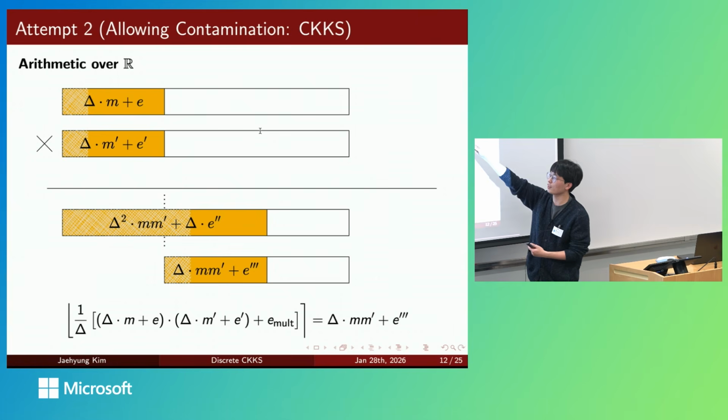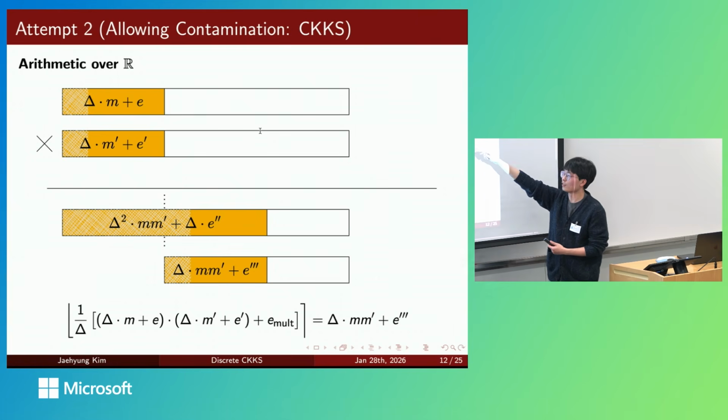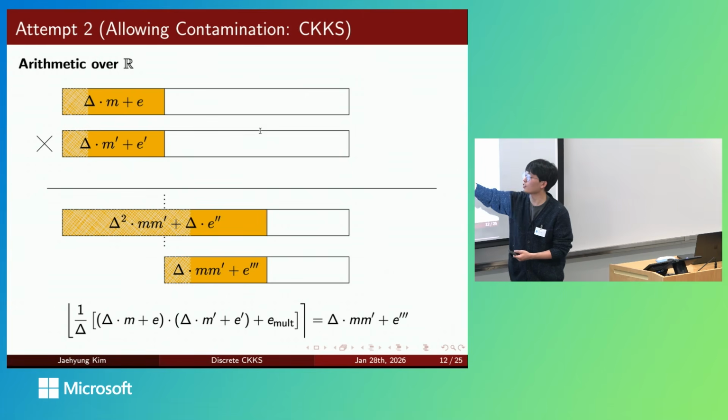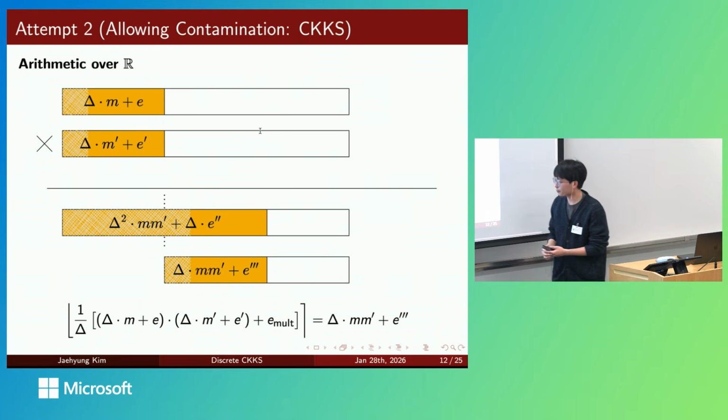So you can just think that we have a noisy message which is contaminated from the bottom, and exactly as in a BFV multiplication, you can multiply these two and cut the noise and get the multiplication result.